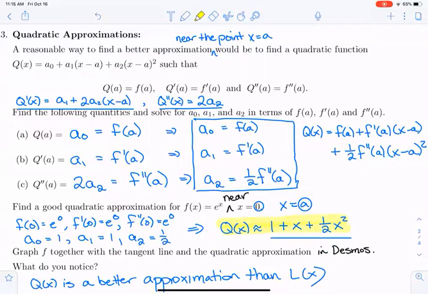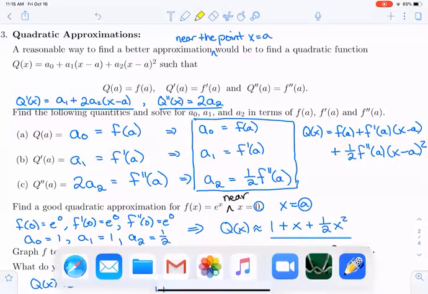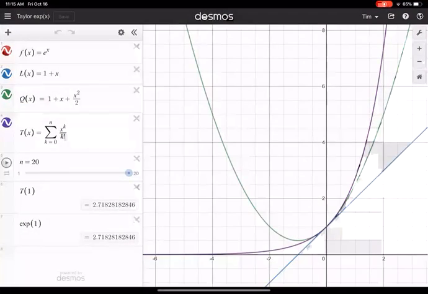Now you can plot this in Desmos. So on the screen, hopefully you see the red curve is e to the x. 1 plus x is the blue line, which is a decent approximation near x equals 0.